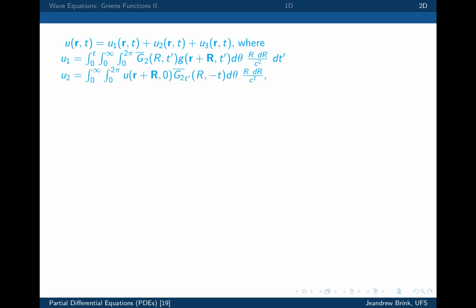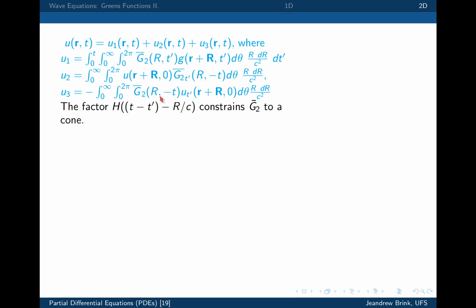The second one is the initial condition where you have specified the initial profile, and this dg dt is going to be a bit difficult to evaluate. I'll show you how to do that. And then the third one is where you specify the initial time derivative of the sheet, and this Green's function is reasonably easy to evaluate.